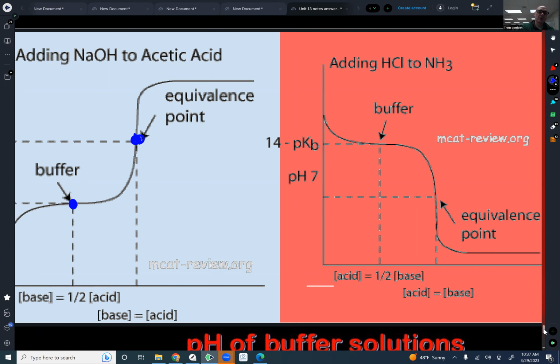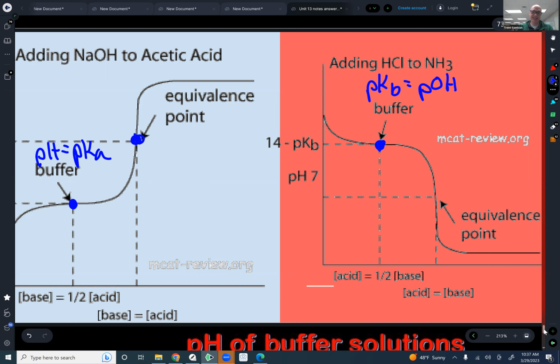And that is going to be where the pH is equal to the pKa. And that same point is over here, but we started high because we started with a base. So this would be where the pKb is equal to the pOH in this case.